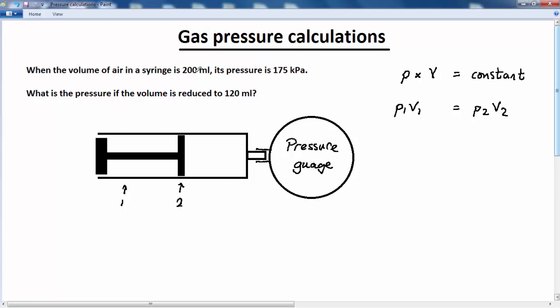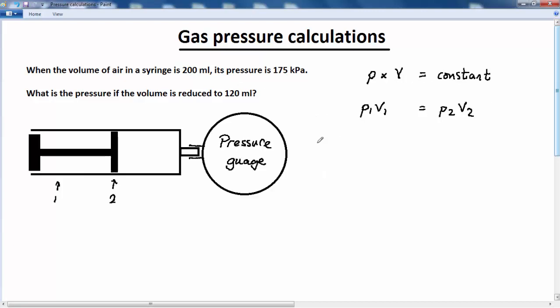So all we need to do is substitute our values in. So we have 175 kilopascals multiplied by 200 millilitres is equal to the pressure that we want to find, that's P2, that's the unknown in the expression, multiplied by the final volume, which is 120 millilitres.